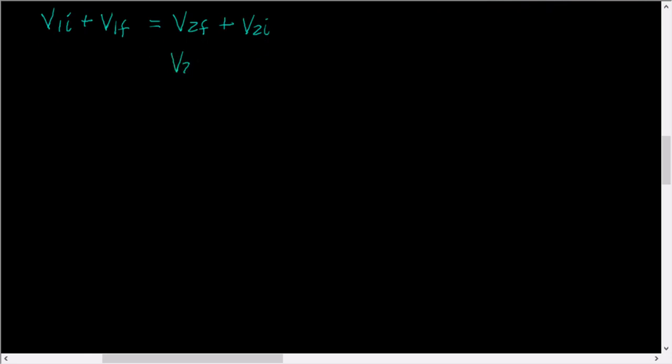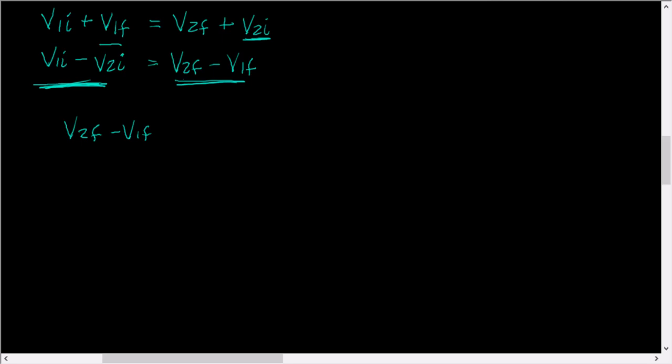So I'm going to start with here, v2 final, and I'm going to bring v1 final over to the other side. Now I'm going to bring down the v1 initial, and then bring the v2 initial from the right-hand side over to the left-hand side. And then I can divide the left-hand side of this equation into the right-hand side. So rewriting the right-hand side here, and then dividing by the left-hand side.